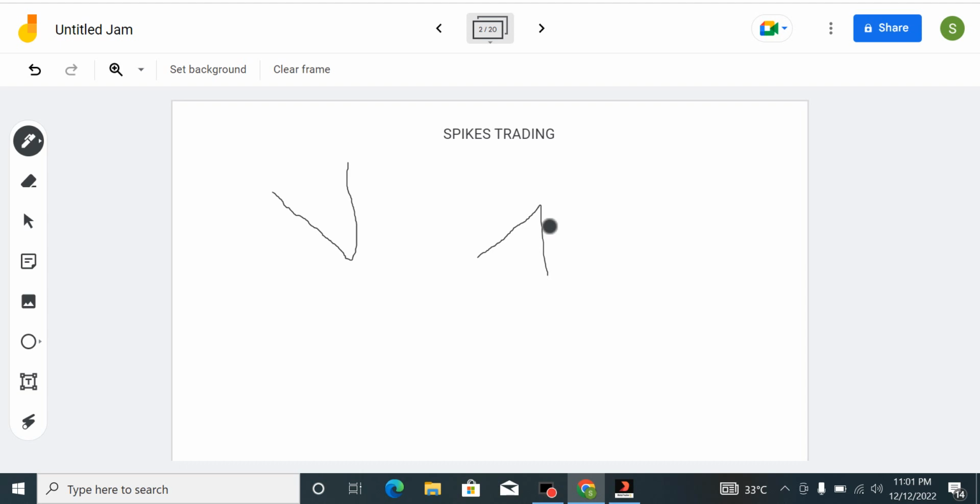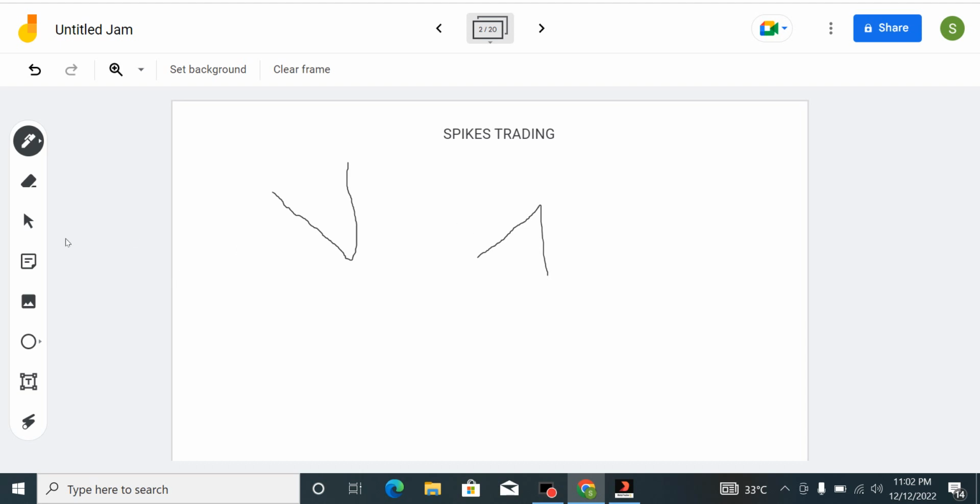All these are very important, but there are some things you need to take note of. There are trends whereby we have more spikes happening, and there are trends whereby we don't even have it happening.